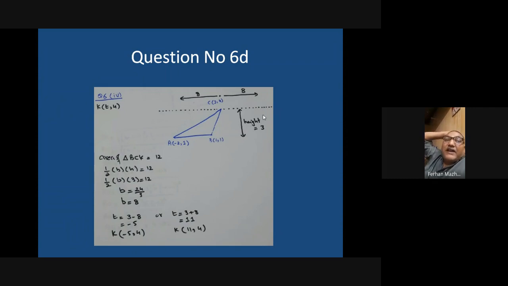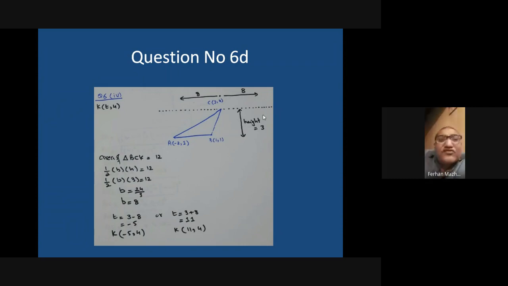The perpendicular distance from B onto that dotted line is 3. The y value of B is 1, the y value of C is 4. So the vertical distance, which will act like the height of the triangle, is 3.